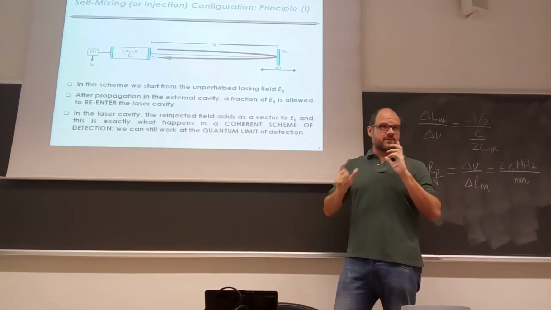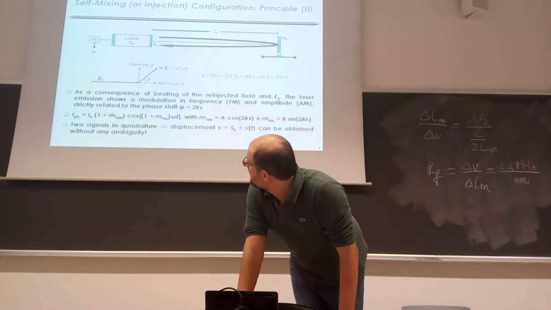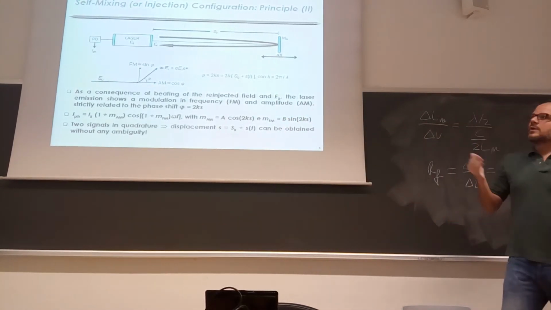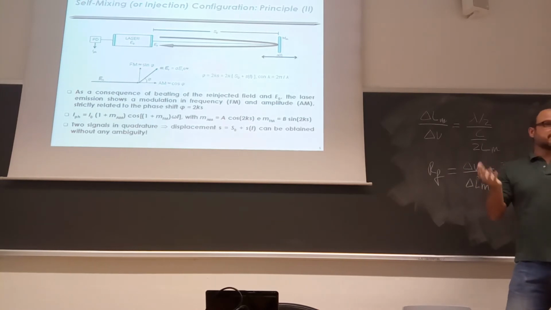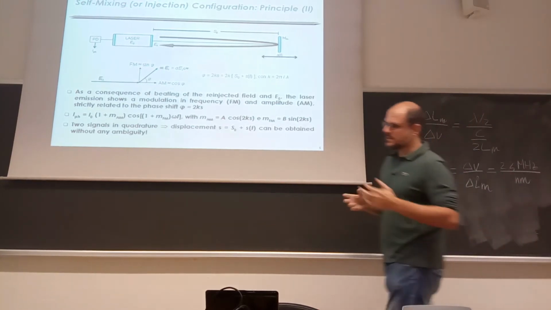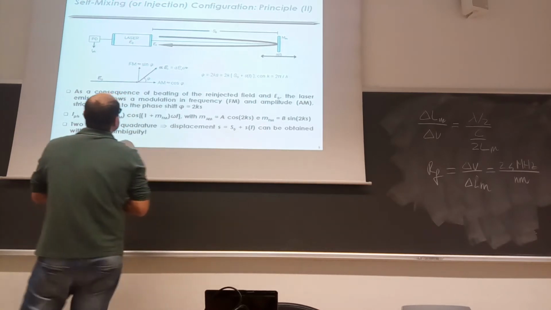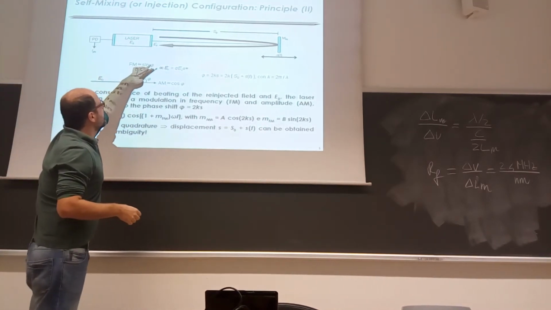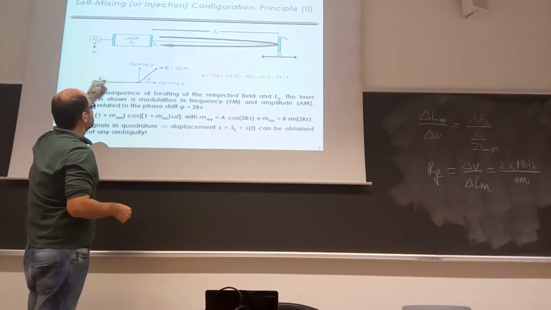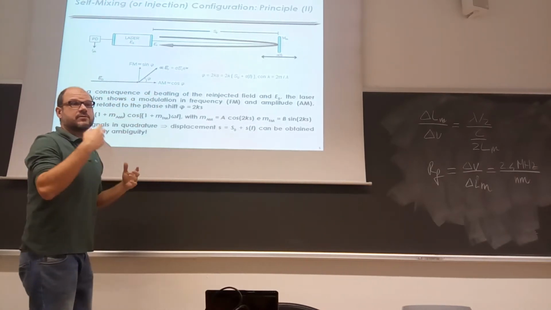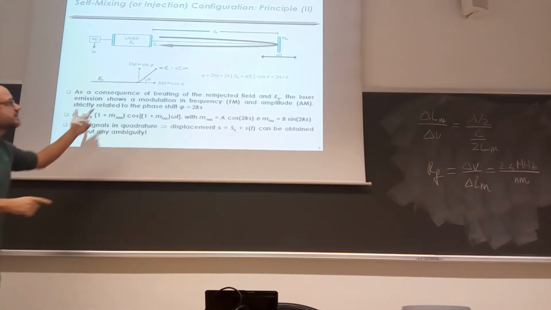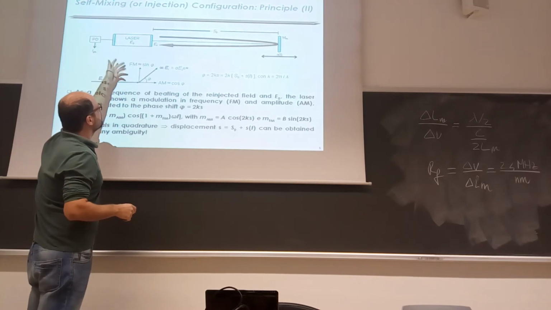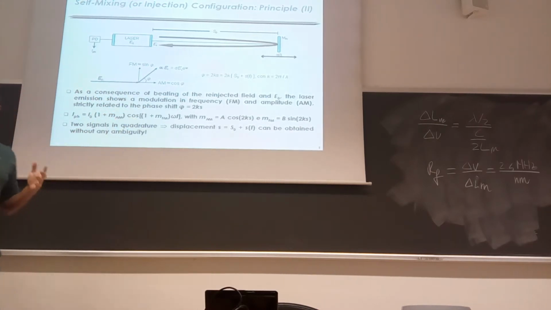In particular, since now inside the laser cavity you have a superposition of the unperturbed field and of the reinjected field, the emission of the laser will be modulated both in amplitude and frequency. This is a sketch of what happens inside the laser. The component along the direction of the unperturbed field gives you the amplitude modulation, and the component that is in quadrature with respect to the unperturbed field gives you the frequency modulation of the signal.